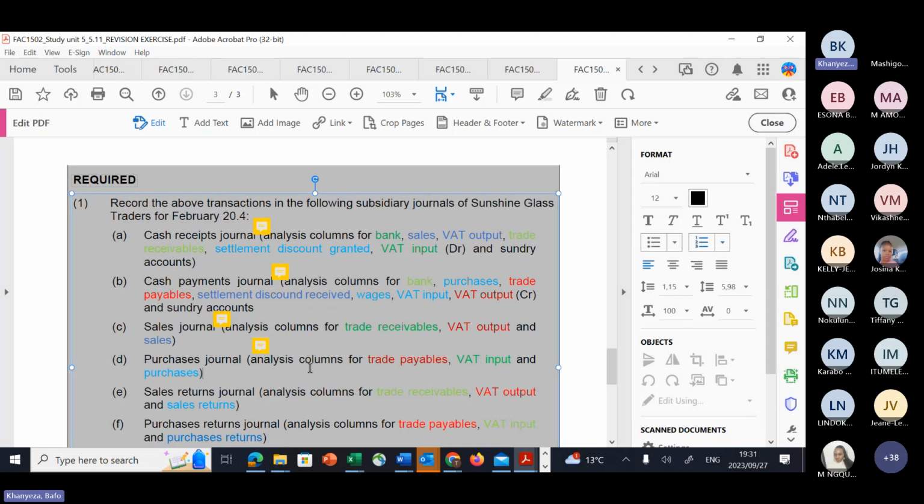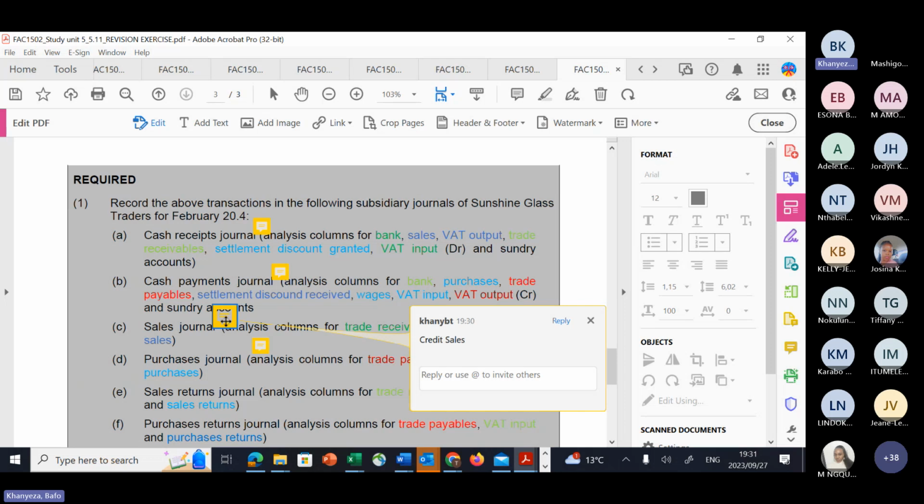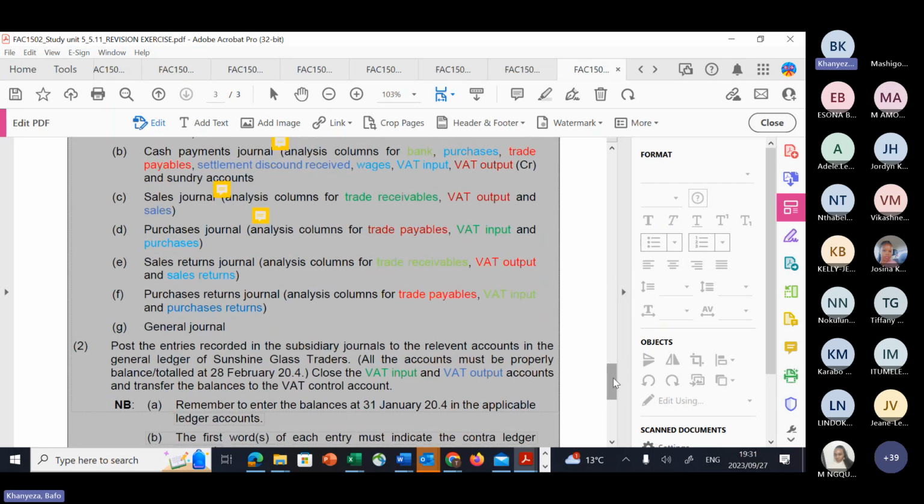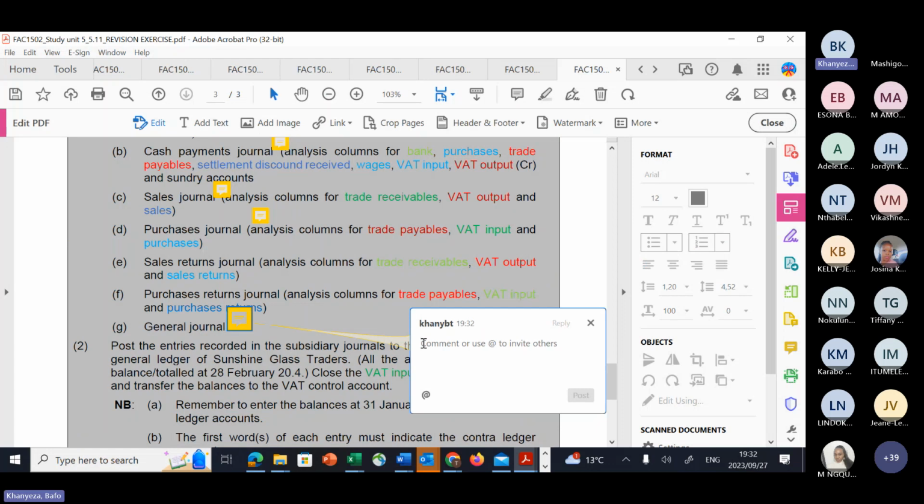You see here, these are credit sales, credit purchases. Then I want to deal with all other credit purchases, general, or adjustments.